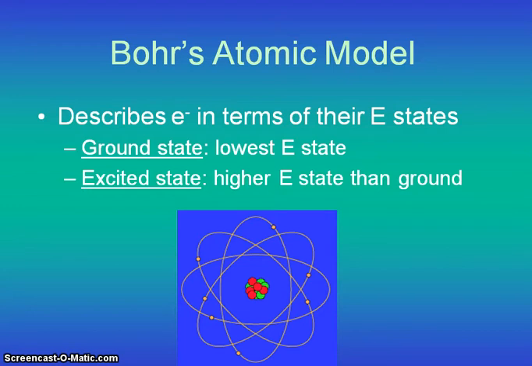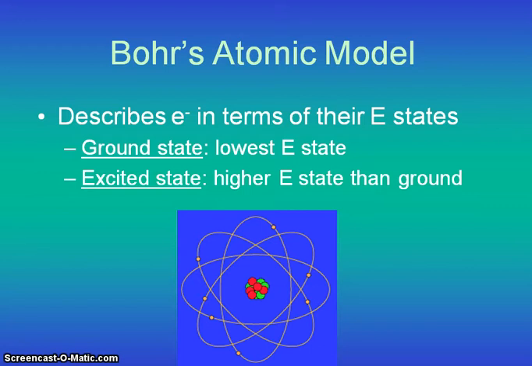So when we do our flame lab and we're going to heat up our chemicals, we will add this energy. Okay, we're adding thermal energy from the Bunsen burner. That will excite the electrons. They'll move up to a higher or excited energy state. And when they fall back down to their ground state, they will emit that extra energy in the form of light.